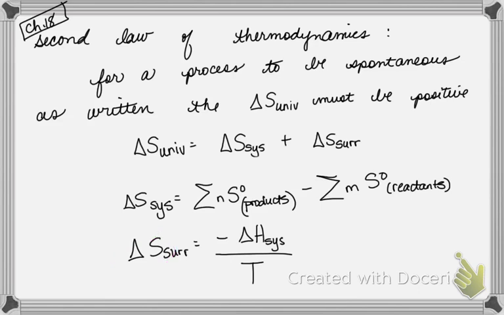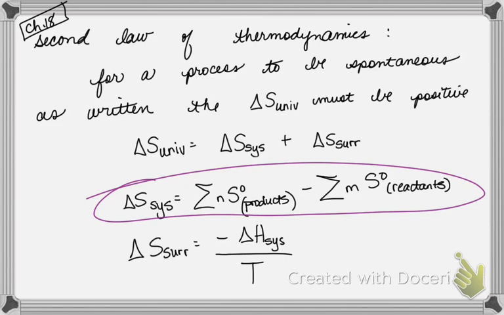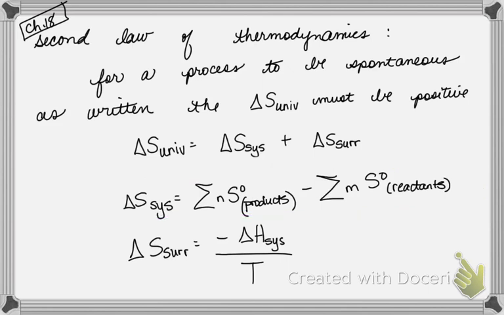So you just have to watch your units. The entropies in the back of the book are going to be in joules, but an enthalpy is going to be in kilojoules. So if ever you're doing this, watch that enthalpy and entropy units are matching.